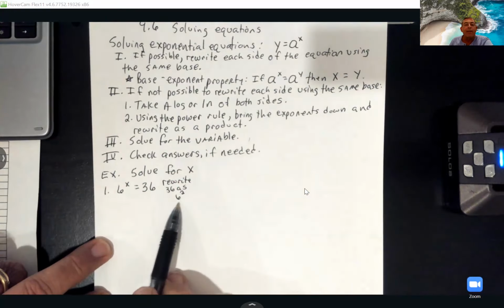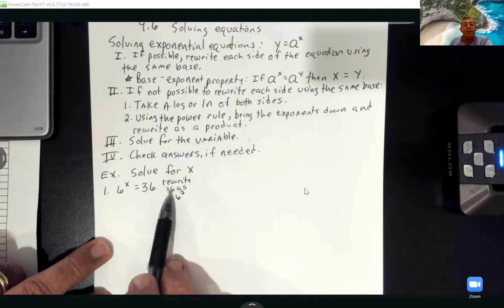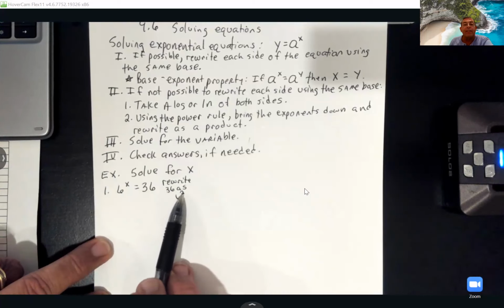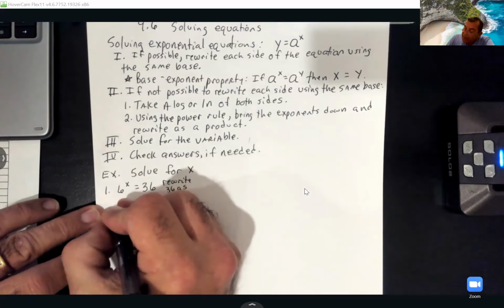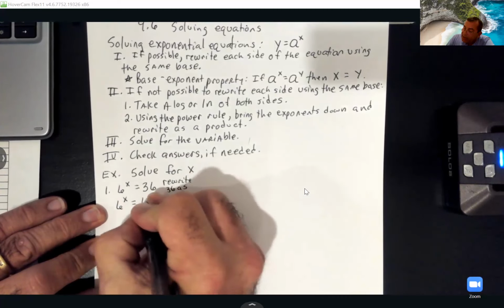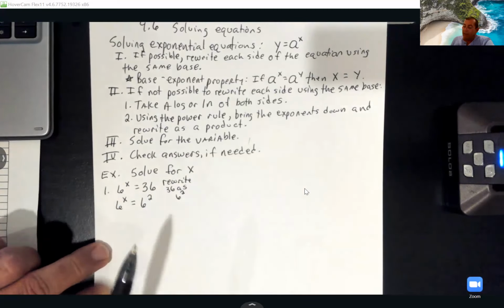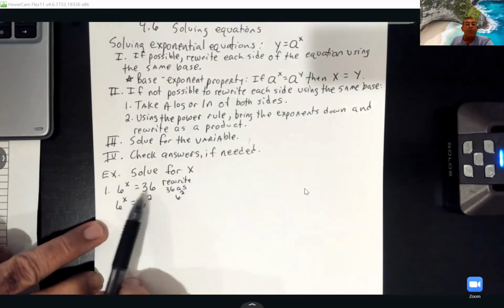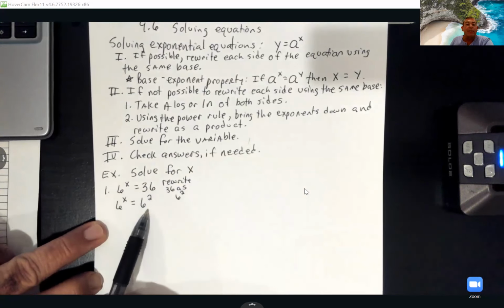Since I know 6 times 6 is 36, I'm going to rewrite it as 6 squared. So I bring down my 6 to the x. That's going to equal 6 squared. So guess what? I was able to rewrite this with the same base on each side.